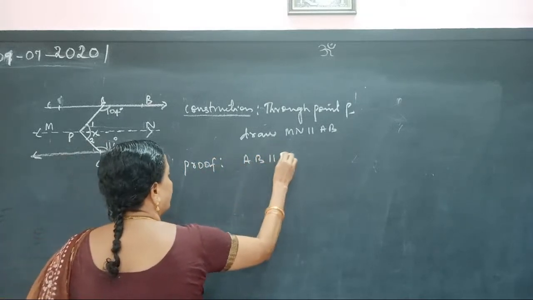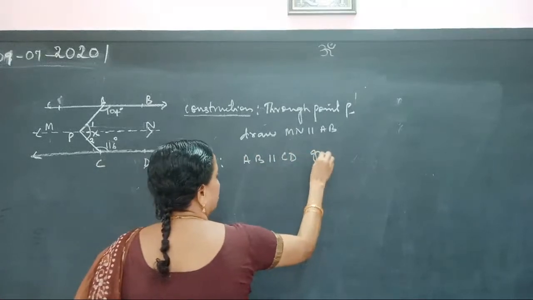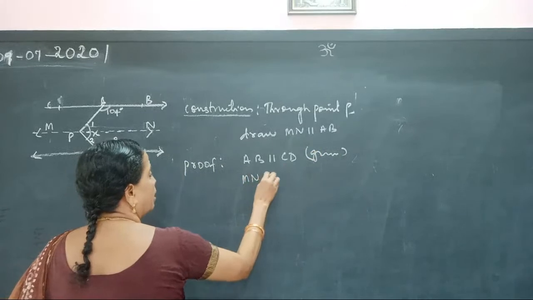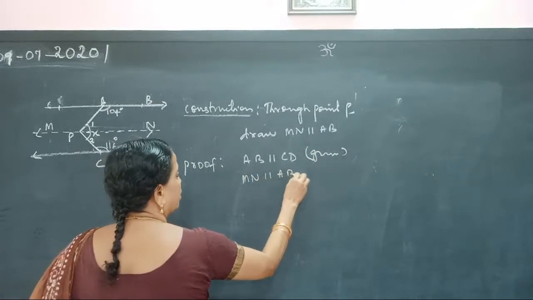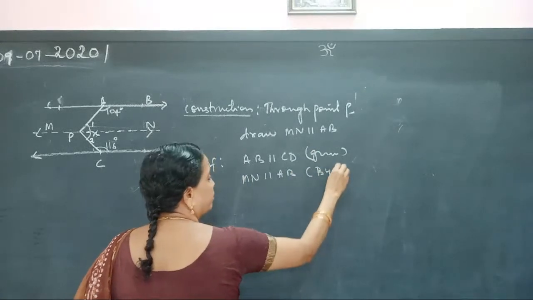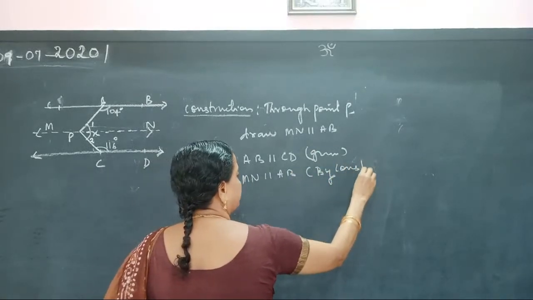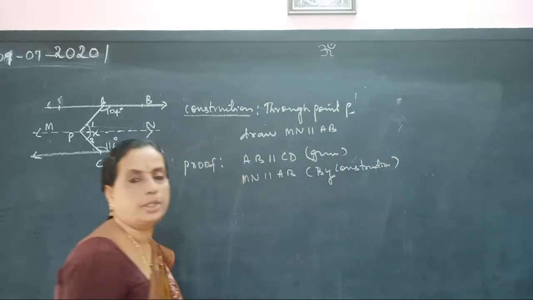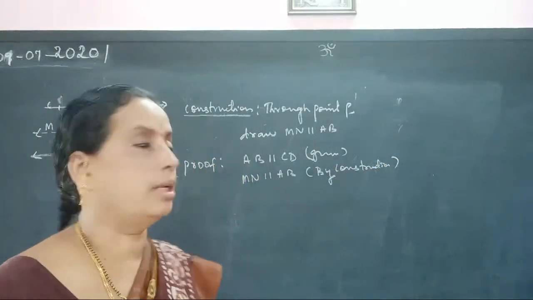AB parallel to CD, given. MN parallel to AB, by construction. AB parallel to CD is given in the question.